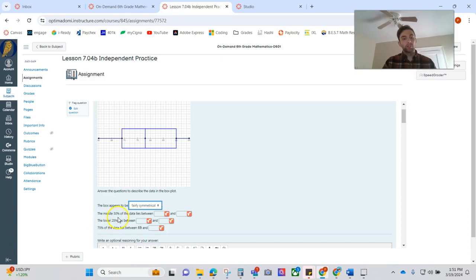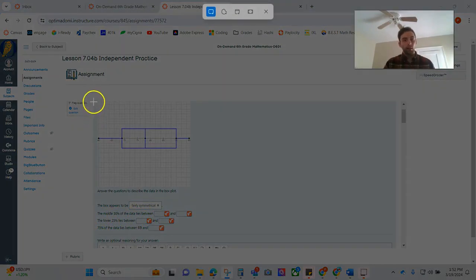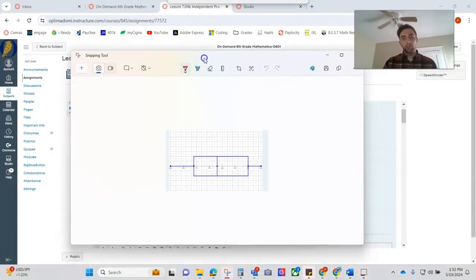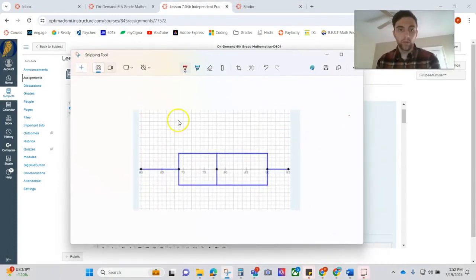The middle 50% of data lies between blank and blank. On a box plot, each portion represents a quarter of the data. So this is 25%, or a quarter of the data.